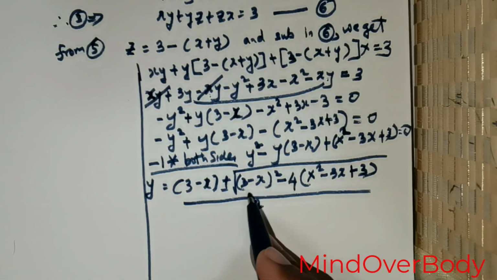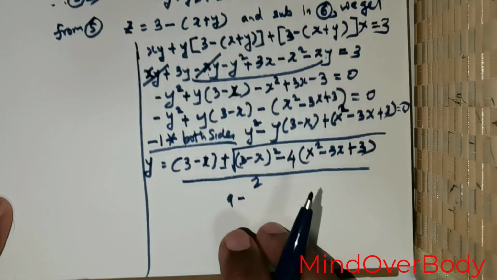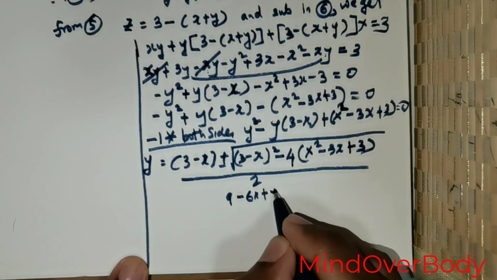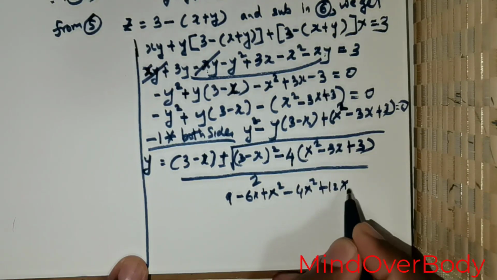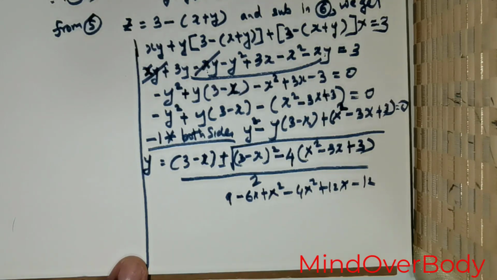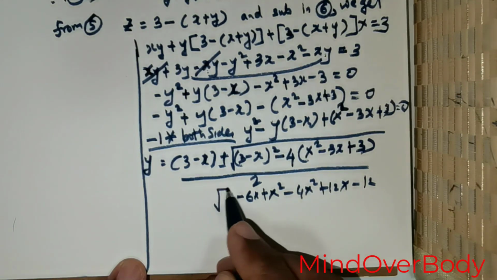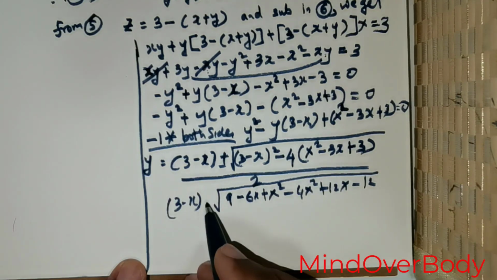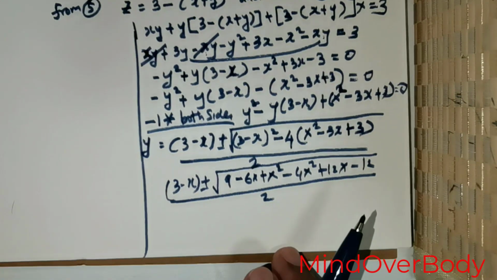Now I would like to expand this quantity, so that's going to be 9 minus 6x plus x squared, minus 4x squared plus 12x minus 12. Now of course this is in the square root, and you get 3 minus x plus or minus, divided by the denominator, which is 2 here.